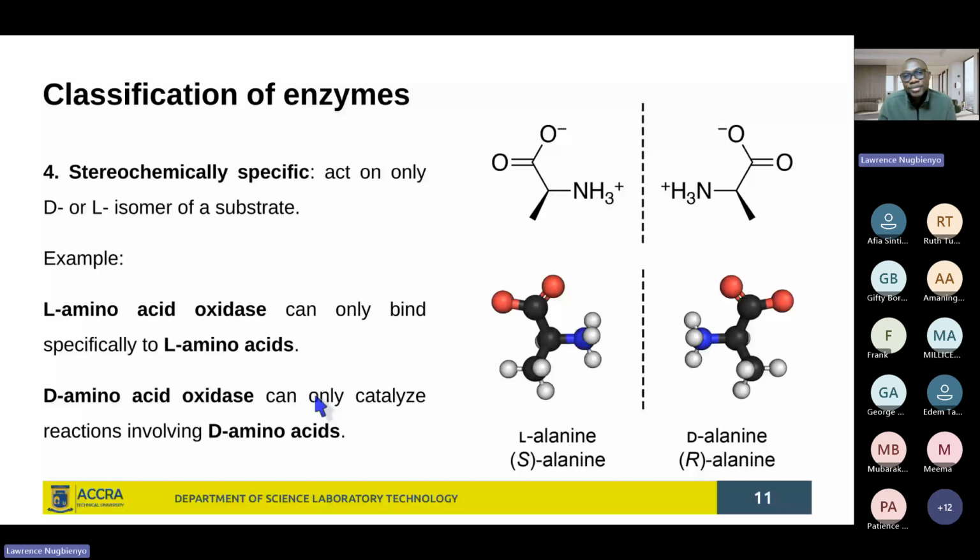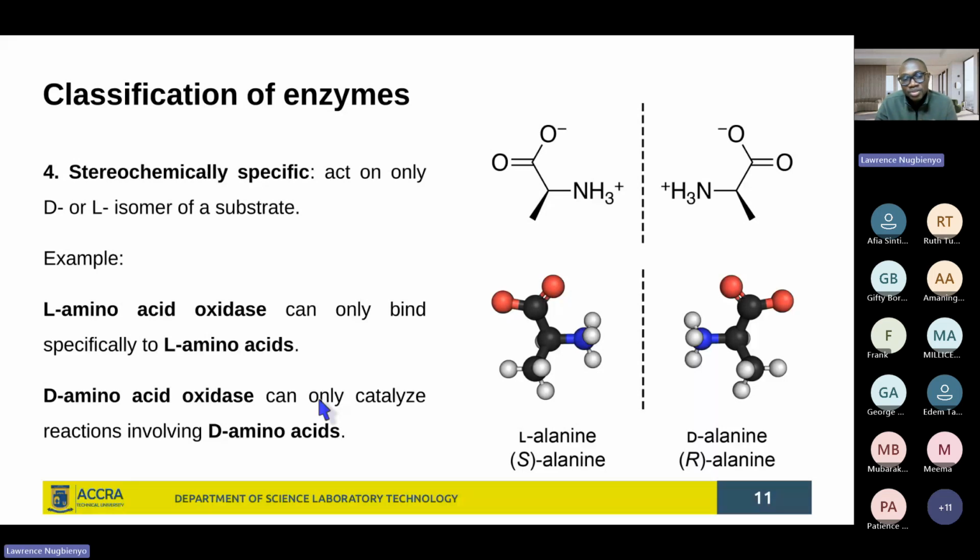Now, generally, proteins in biological systems are mostly in their L isomers. It's like that's the active form of the amino acids.